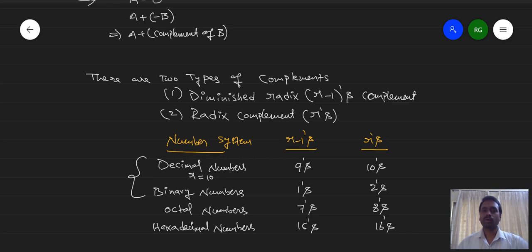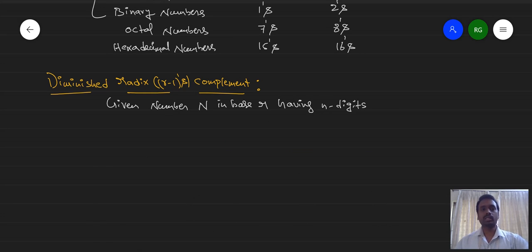And let us see how to calculate; we have a general formula for these complements. Let us see how to calculate the first complement, that is the diminished radix complement, also known as r minus 1's complement. For this, let us assume a given number N. Capital N is a number in base r, where small r is the base of that number, and having small n number of digits.